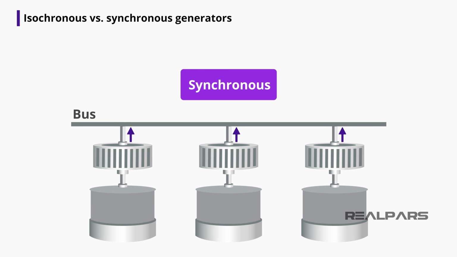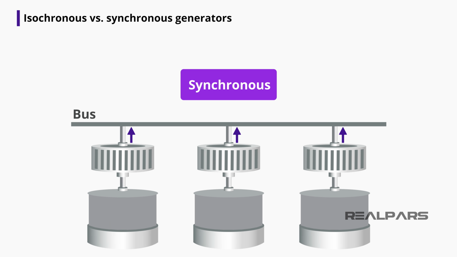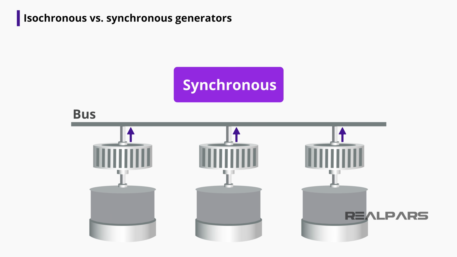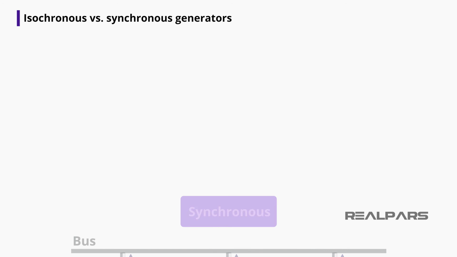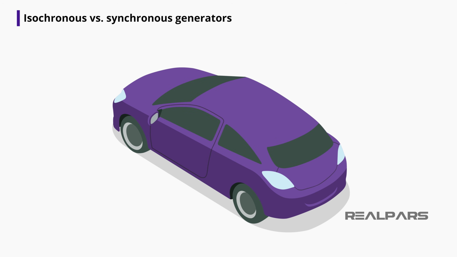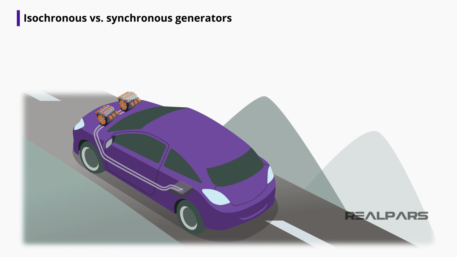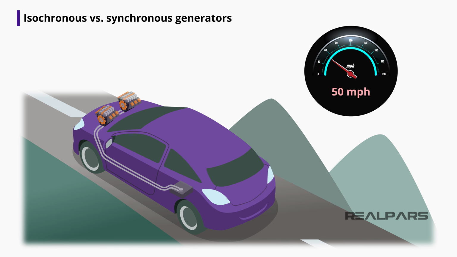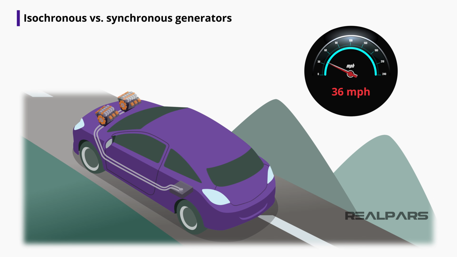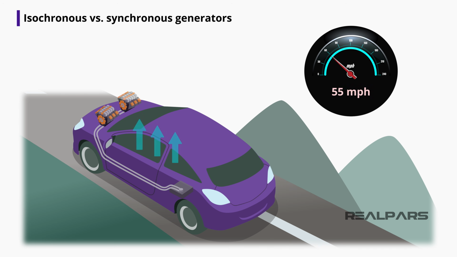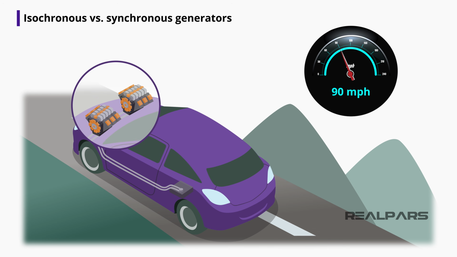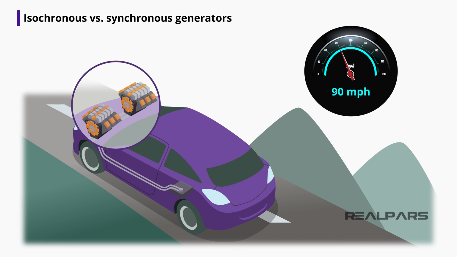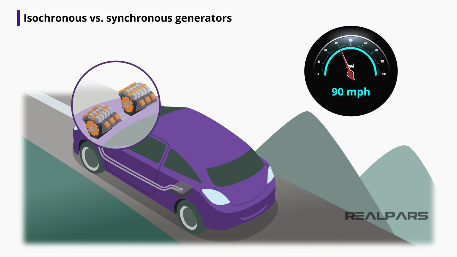When speaking about the power grid, many generators supply the same bus in synchronous control mode. Now imagine you are again in your car, but instead of only one engine and control system, you have two. Once you hit that hill, your car's speed will drop, and cruise control will, in response, add fuel and accelerate. Remember that now you have two different engines and control systems, and both are simultaneously trying to increase your speed.